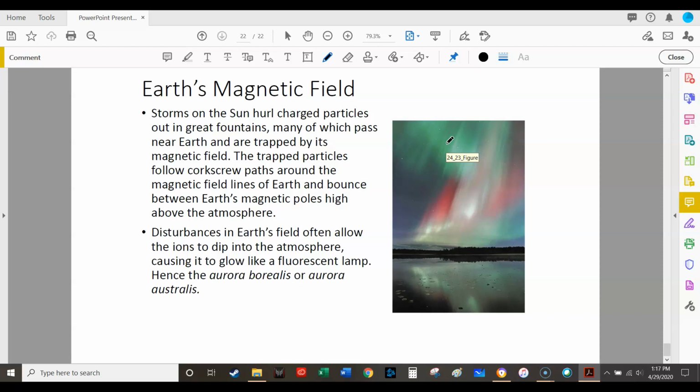So different colors will be associated with different types of energies. Okay, so that's why you get these weird effects due to the Earth's magnetic field.